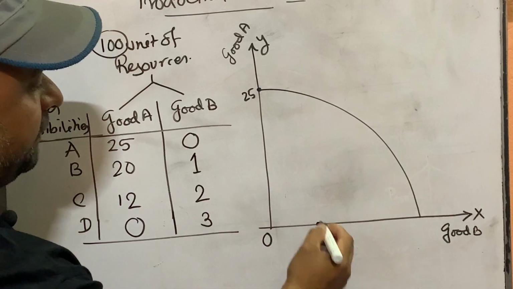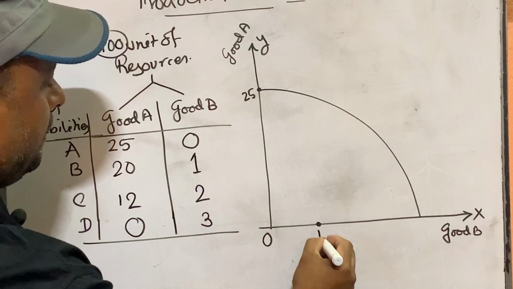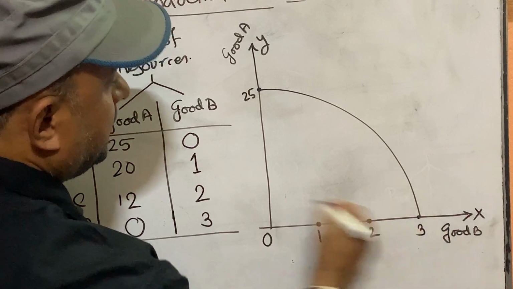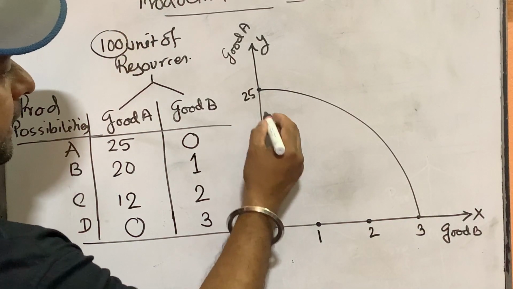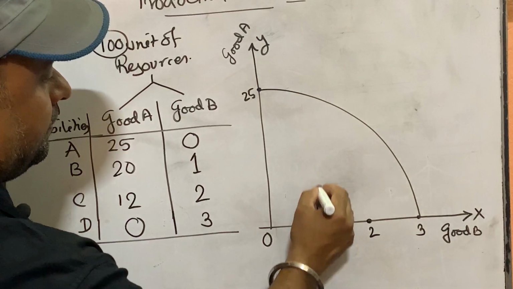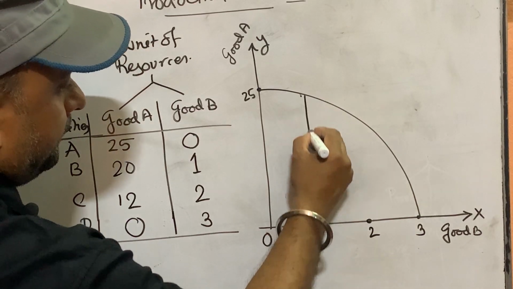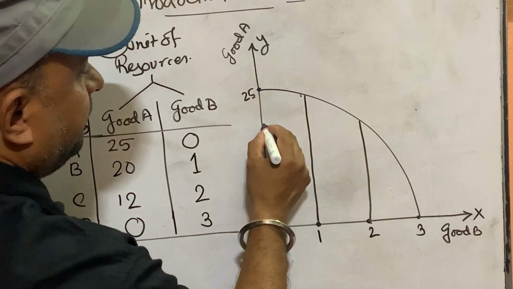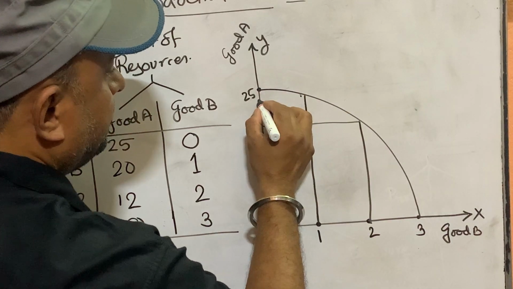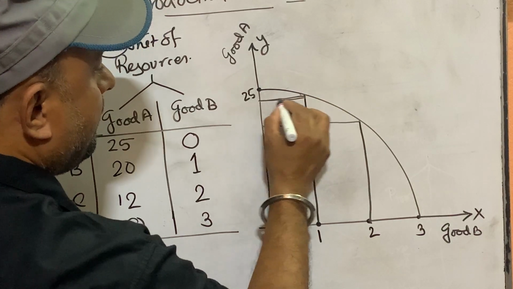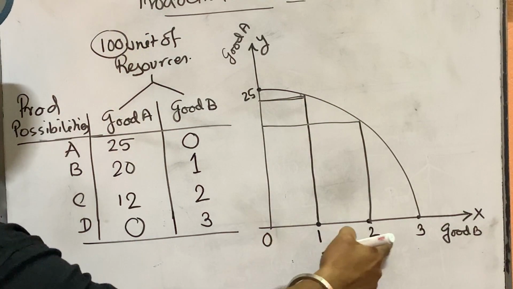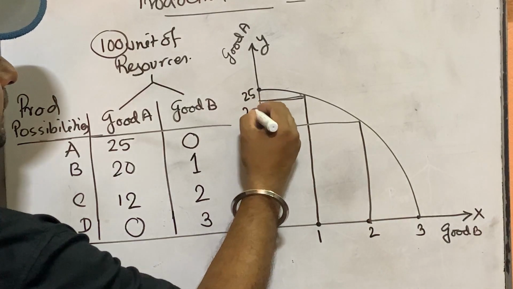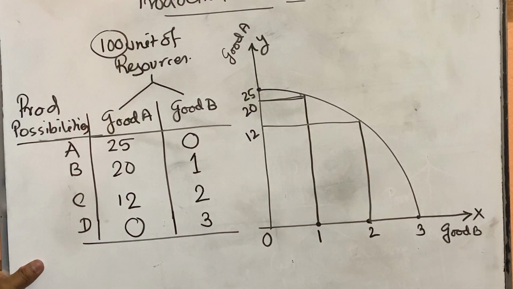We are drawing the curve freehand because we are not using graph paper. This point is 2 and this point is 3. Generally the graph is drawn like that. So this is 1, 2, 3 and this one is 0, this one is suppose 12, this one is 20. These are the various points.